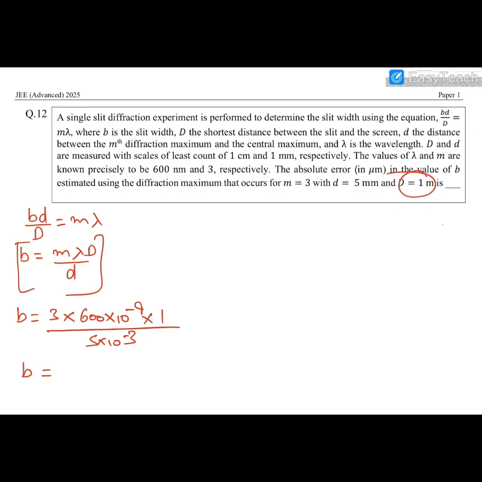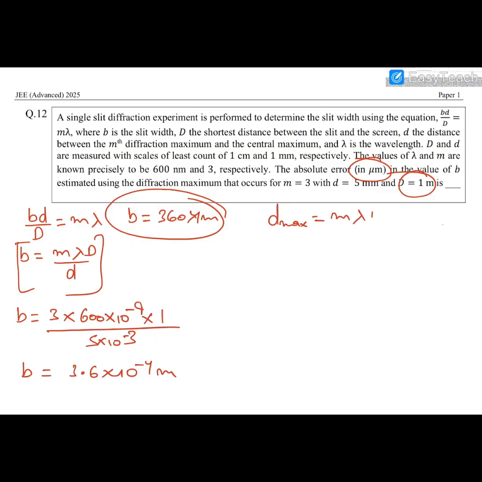So b is equal to 3.6 into 10 to the power minus 4 meters, and if we have to report the answer in micrometers, we can take b in micrometers, which would be 360 micrometers. Now we'll find out the maximum value of b. So we know that b will be maximum when capital D will be maximum and small d will be minimum.